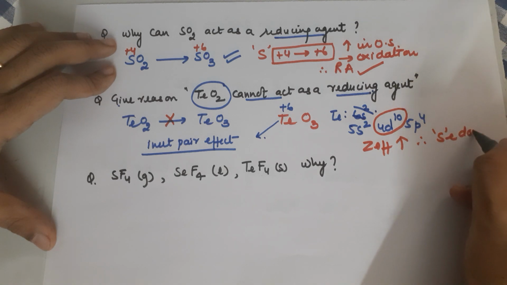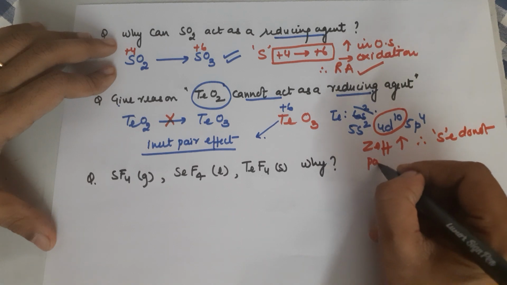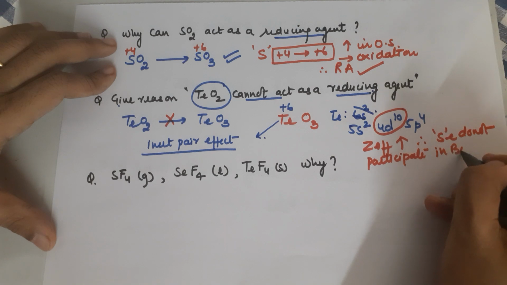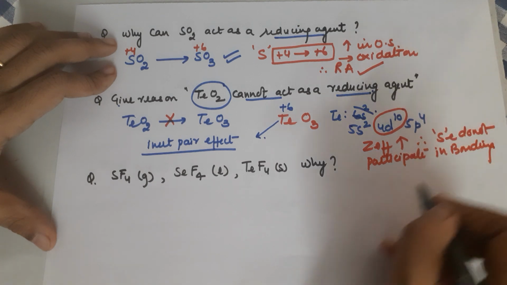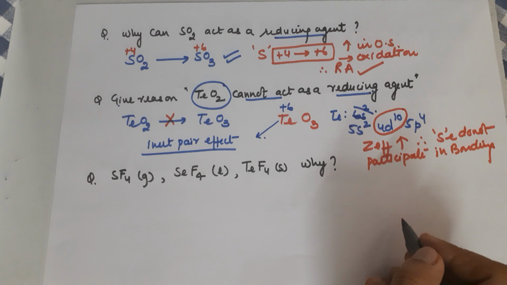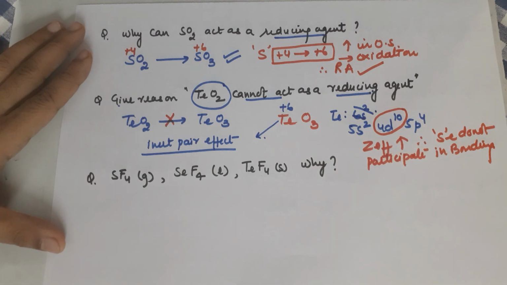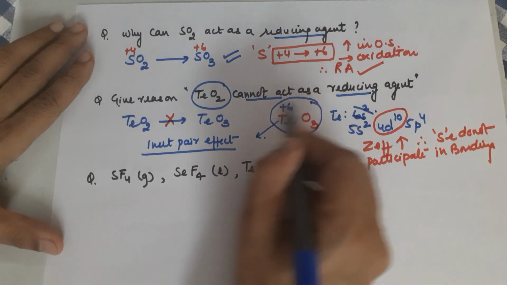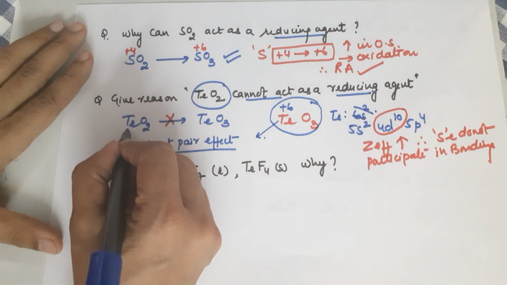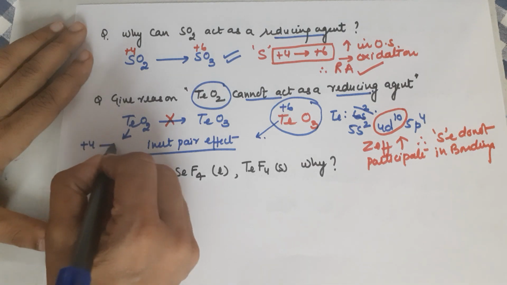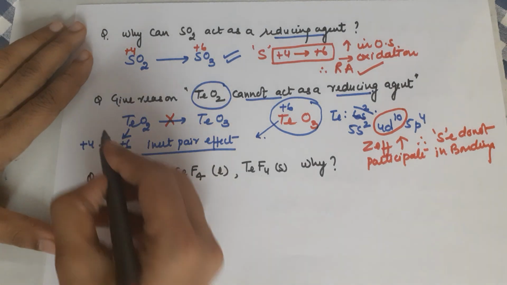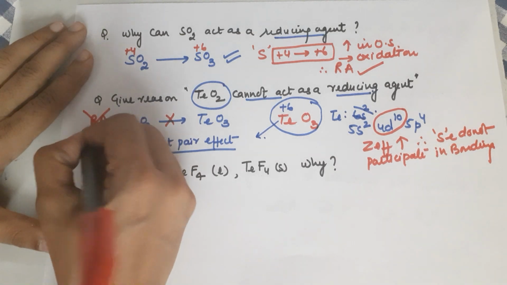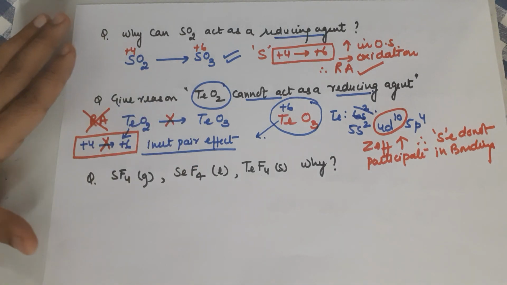S electrons do not participate in bonding. This is a concept applicable to the last members of each and every group. So your tellurium will never go to the +6 oxidation state. So if TeO2 cannot go from +4 to +6, which means it cannot undergo oxidation, so it can never act as a reducing agent. Coming to the next question.